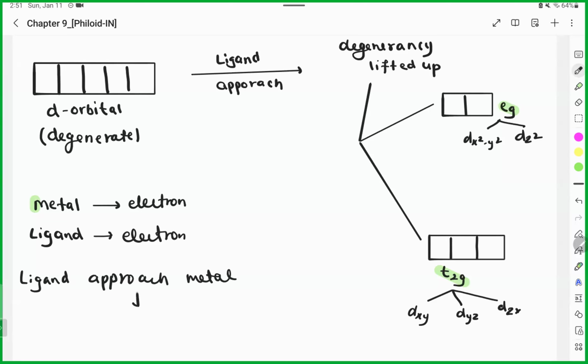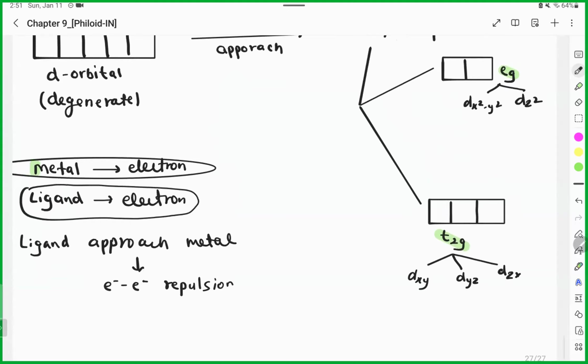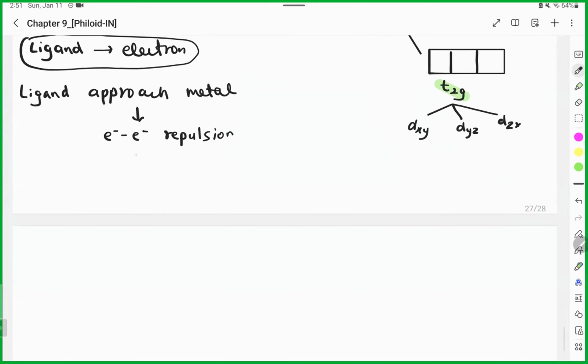Because of this, there will be electron repulsion. Electron of the metal will repel electron of the ligand. So energy level will increase. And due to this repulsion, there will be splitting of d orbital. D orbital will split into two parts, two orbital part and three orbital part.